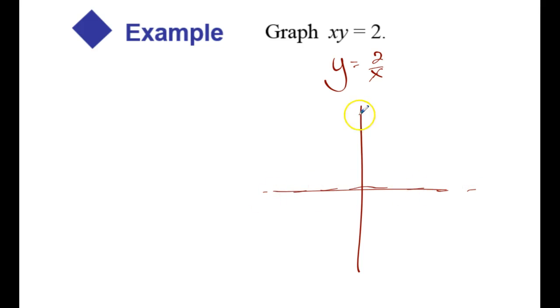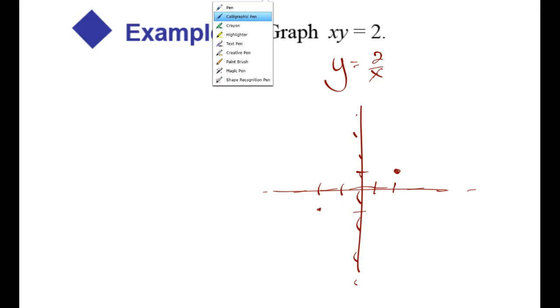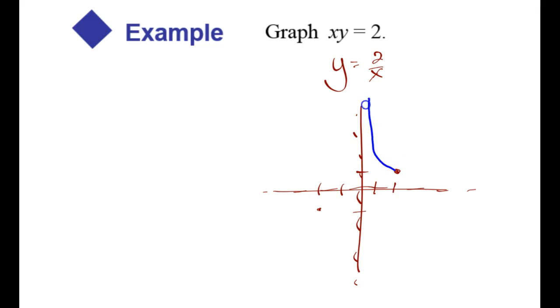But I wanted you to know we've got a horizontal asymptote at 0 and 0 because there's no shifting here, but maybe the easiest way is, if you let x be 2, then y would be 1, so there's a nice point. If you let x be negative 2, y would be negative 1, and then once you have that point, we could just start at that point and swoop toward the asymptote, and start at this point and swoop toward the asymptote.